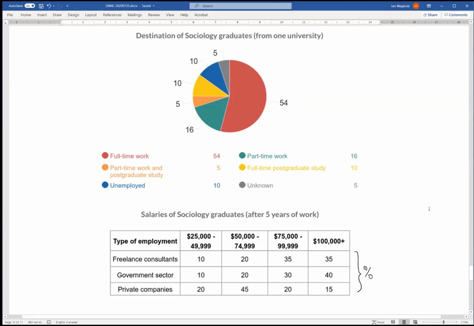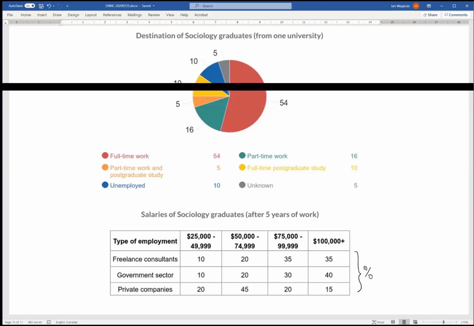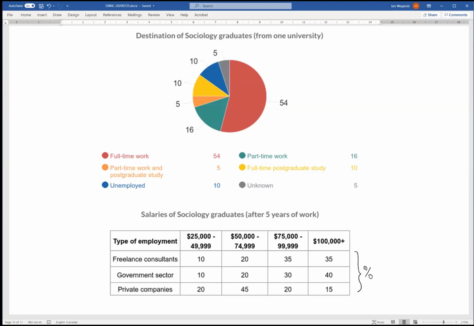Okay, so what do you notice? More than 54, like 50% are those students who are graduated and working as a full-time worker.